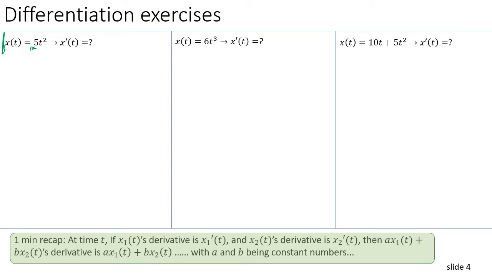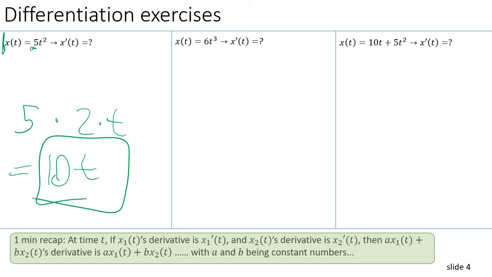We move that 5 aside for a second and do the derivative of t squared, which is 2 times t. Now we move 5 back into the picture, and our result is 5 times 2 times t. Since 5 times 2 is 10, our final answer is 10 times t. That is our derivative.